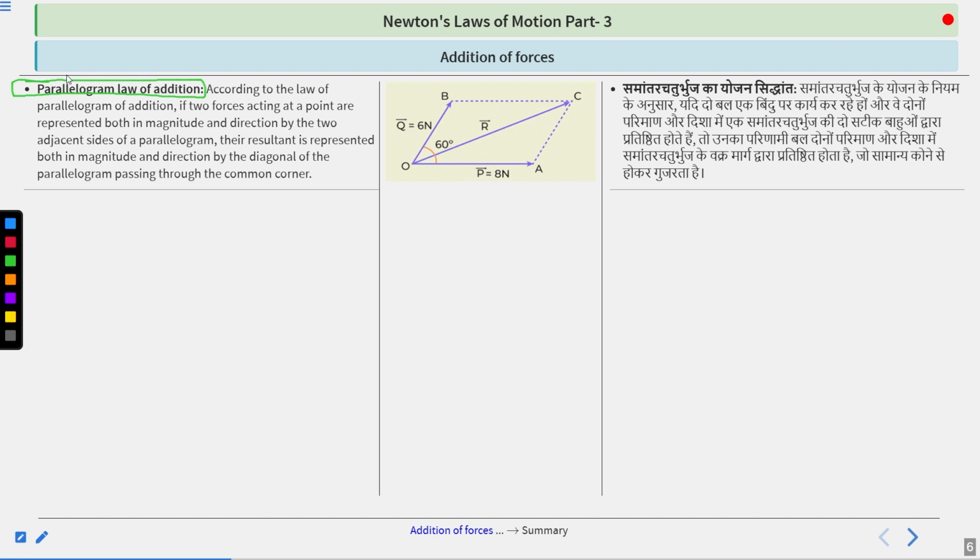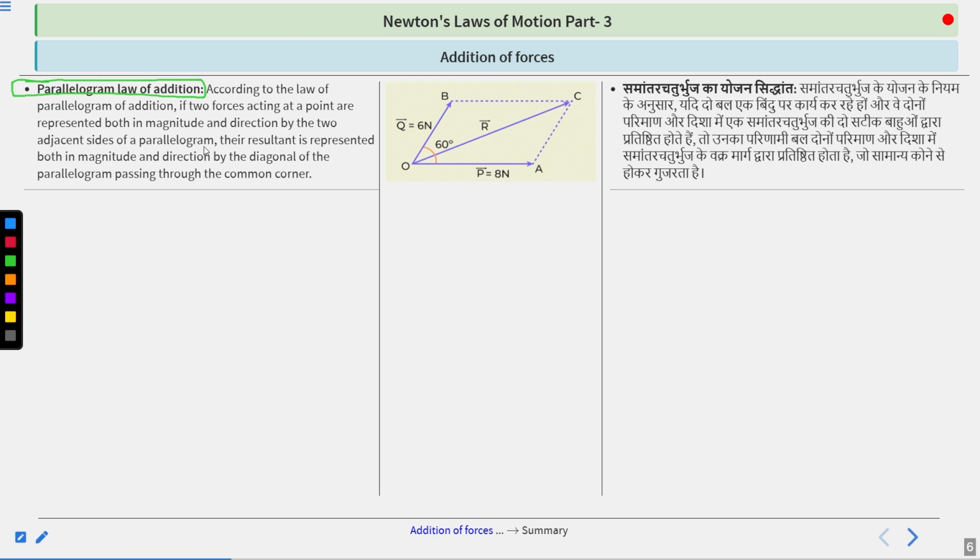According to the parallelogram law of addition, if two forces acting at a point are represented both in magnitude and direction by the two adjacent sides of a parallelogram, like you can see in this picture, their resultant is represented both in magnitude and direction by the diagonal of the parallelogram passing through the common corner.